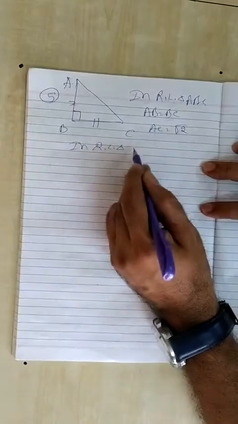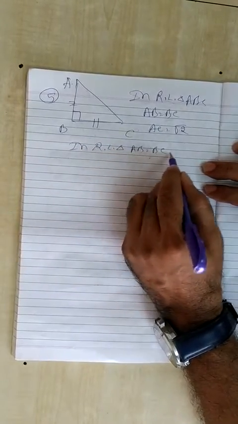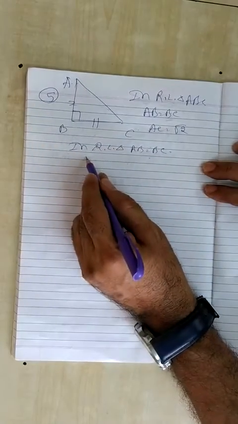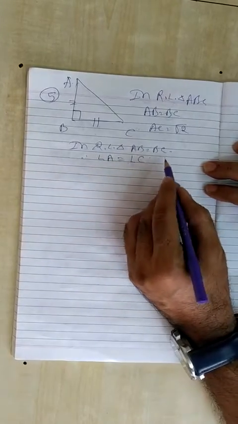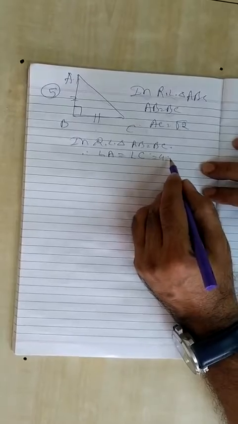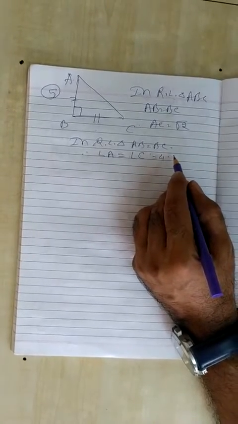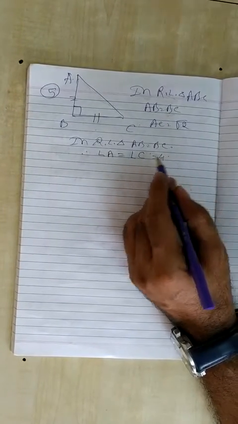In the right angle triangle AB is equal to BC. Therefore angle A is equal to angle C is equal to 45.